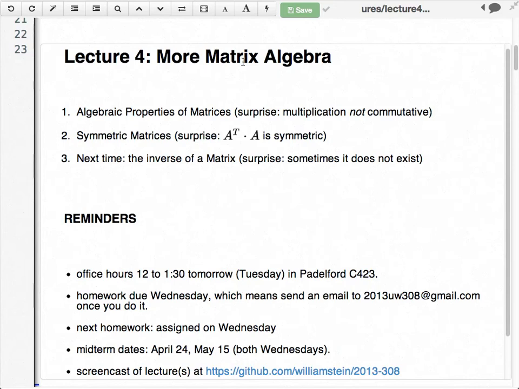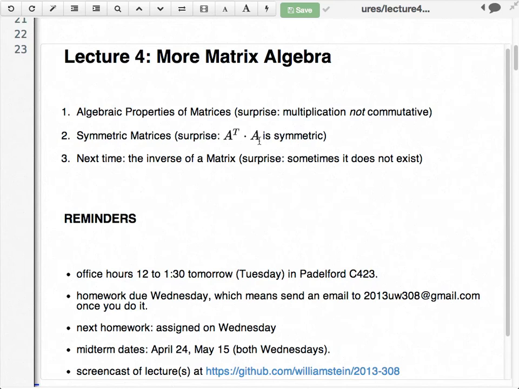A times B need not equal B times A. We'll also talk about symmetric matrices, which we haven't quite touched on yet, but they come up in the context of transposes of matrices.